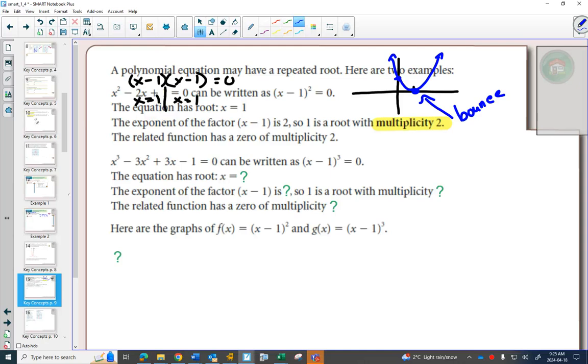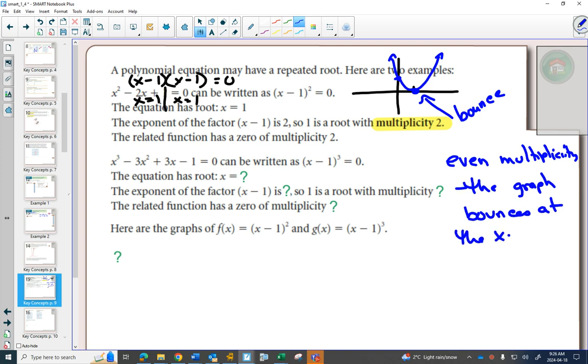So we're going to find out when we have an even multiplicity, maybe we'll write that off to the side. The graph bounces at the x-axis or at that x-intercept.